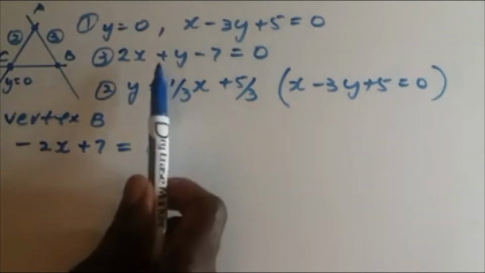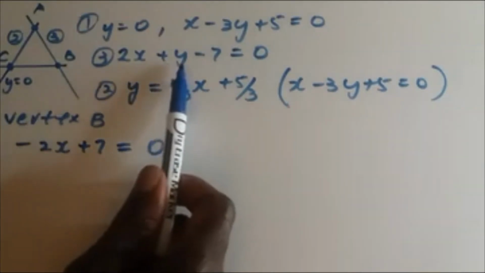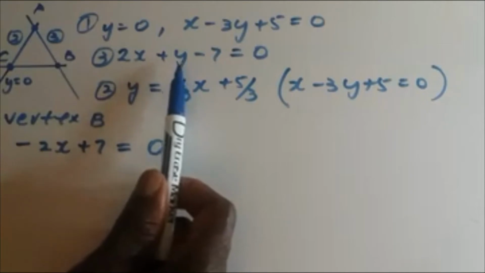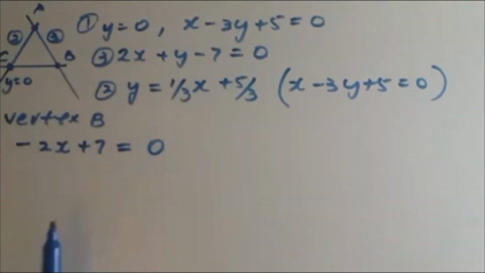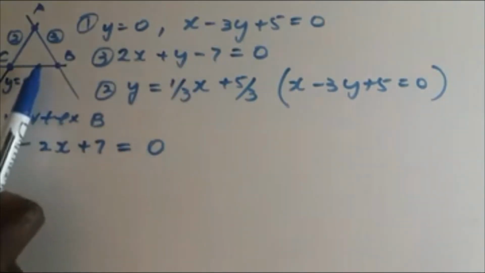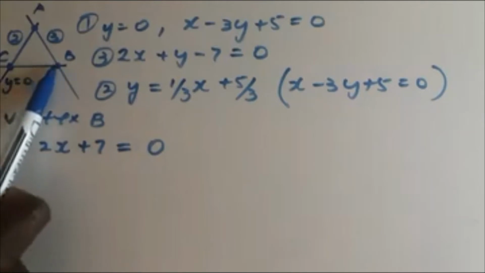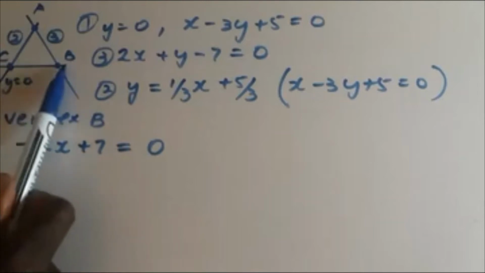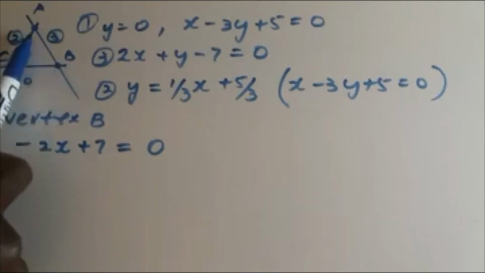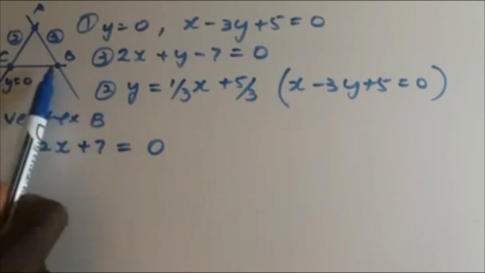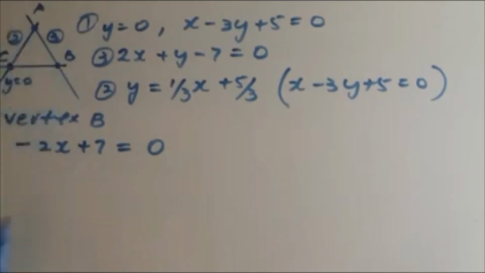So first I rearranged this to give y is equal to minus 2x add 7. And if we need to find the point of intersection here with this horizontal side and AB, so CB and AB, then the equations must be equal to each other.